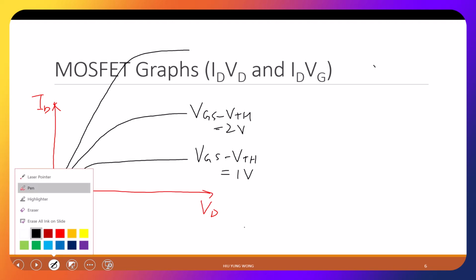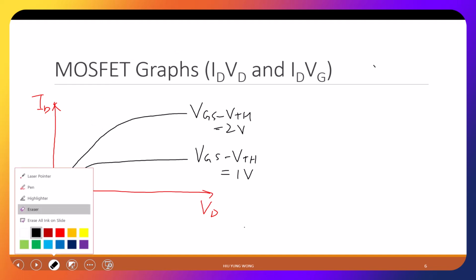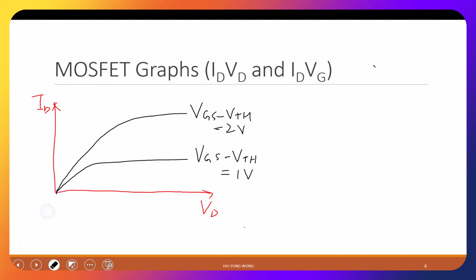Now some of you may complain, so I want to remove this one and redraw it. What if VGS minus VTH equals 0? Equal to 0, no current.